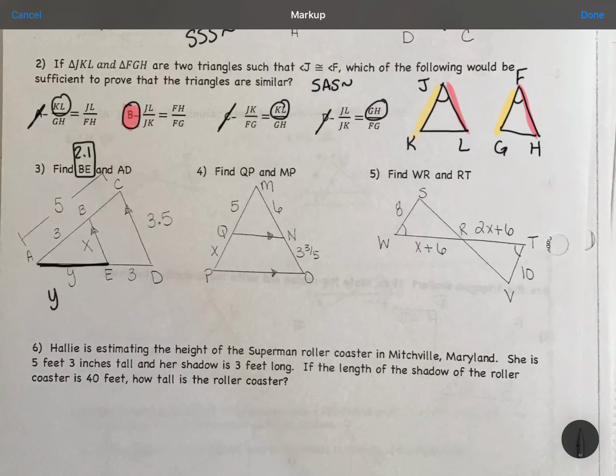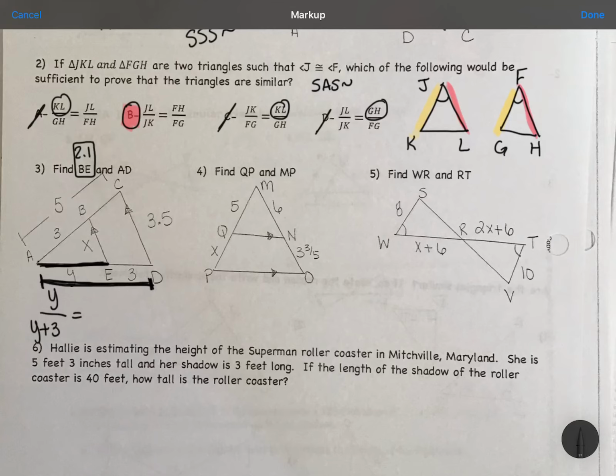So y is the small triangle, and it corresponds with the side of the big triangle AD. Well, that is not 3y, that is y plus 3. Okay, so be careful there. We got little triangle side of y corresponds to the big triangle side of y plus 3.